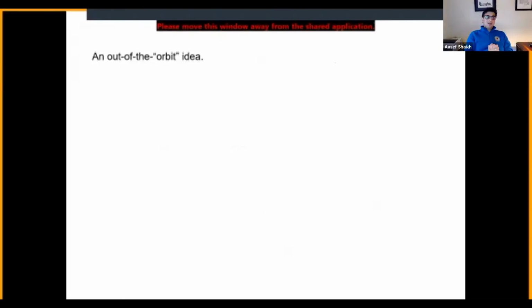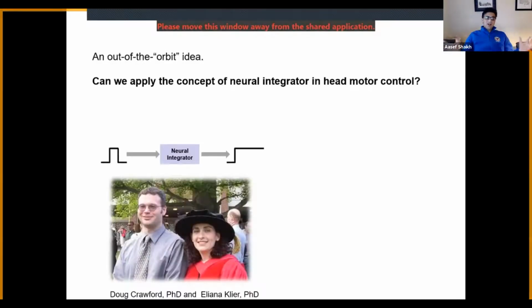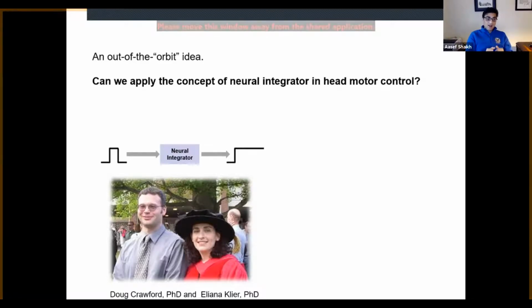A few decades later, some of our colleagues had an out-of-orbit idea. We always talk about the neural integrator with eye movements, but Ellie Claire, who is on the right side, was doing her PhD with Doug Crawford at York.